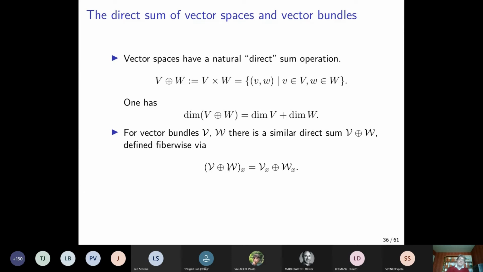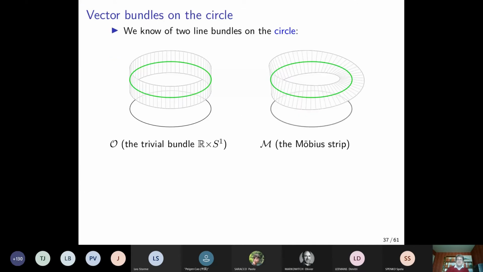We just define the addition fiber-wise. And this is part of a general principle. Every operation on vector spaces can be defined for vector bundles by performing the operation fiber-wise. For example, there is also a product of vector spaces called the tensor product, and a similar operation exists for vector bundles.